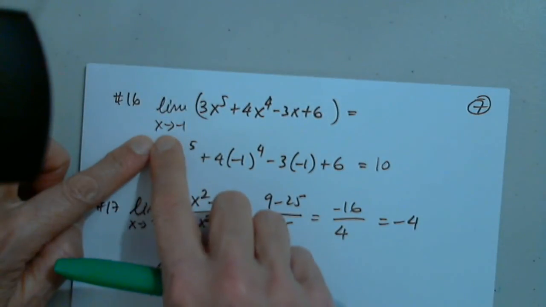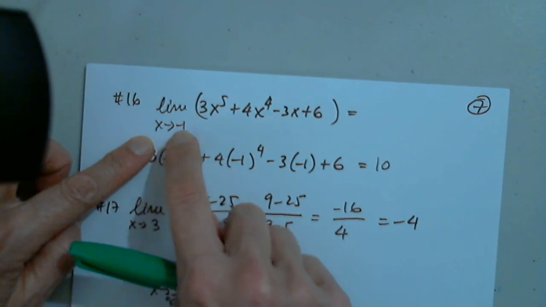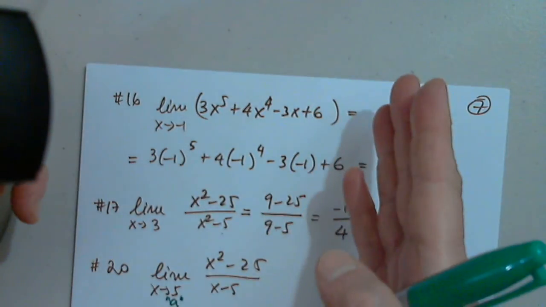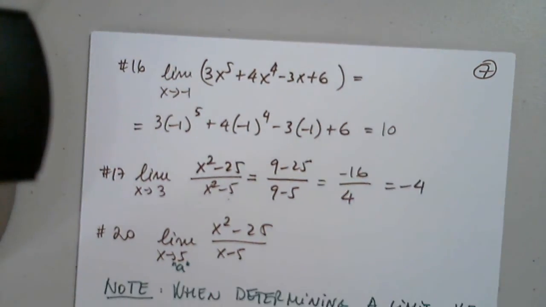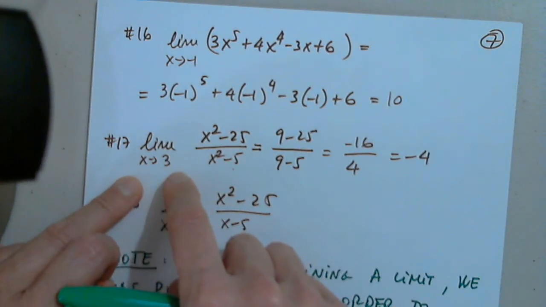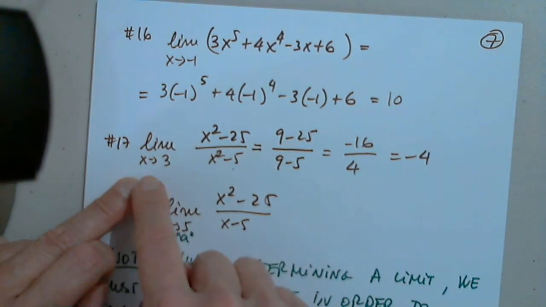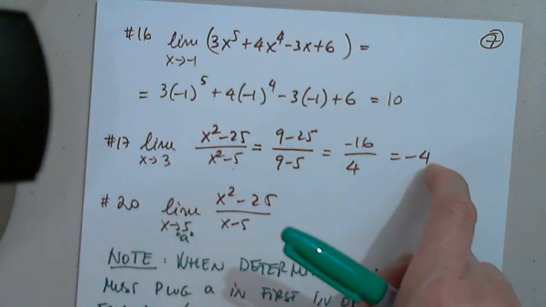Same thing here. I specifically said x approaches negative 1. x does not equal negative 1. But I have to plug it in because it's a polynomial and I know this will give me the answer. There is a theorem that supports that. Same thing here. x approaches 3, but I'm not allowed to plug in 3 because x cannot be 3. But it turns out that there is a theorem that allows me to do that.